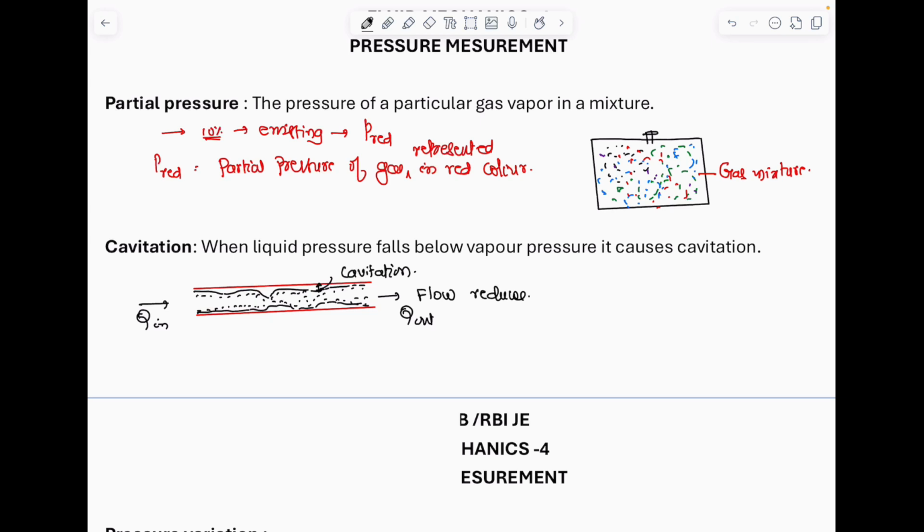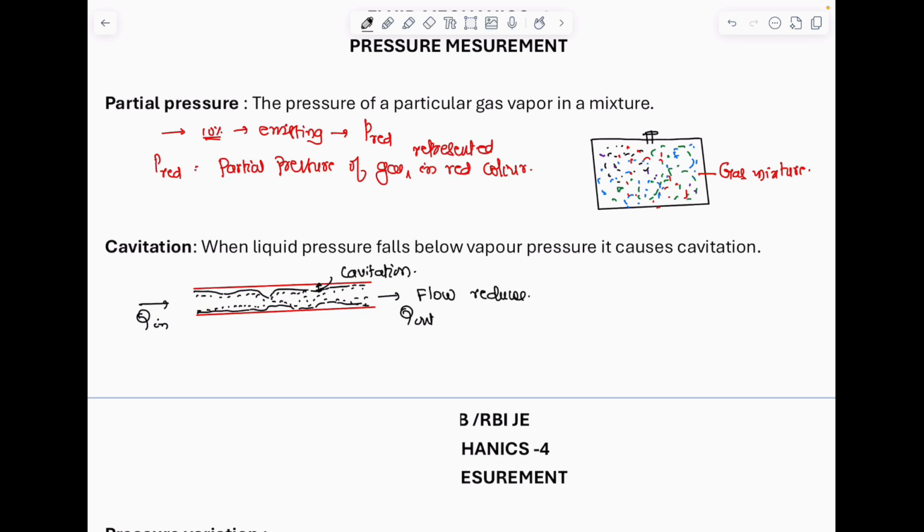These cavitations occur whenever... the cavitations are related to the vapor pressure. Now you tell me, when cavitations occur and the performance of the flow is reduced, how do they happen? Because of the vapor pressure.